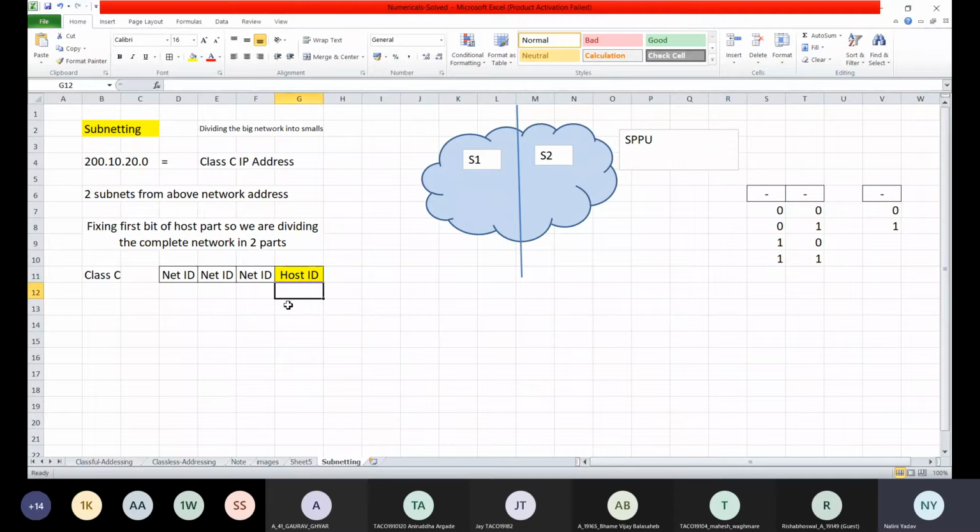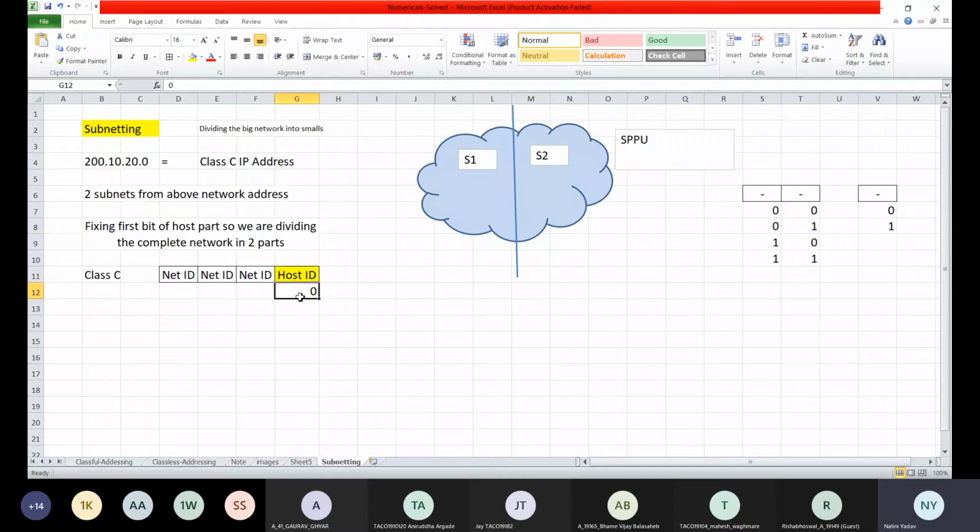What will be the different ranges? From this last byte, that is the host part, it will be 0,0,0,0,0,0,0,0, right? These are my 8 zeros, which give me the positions.